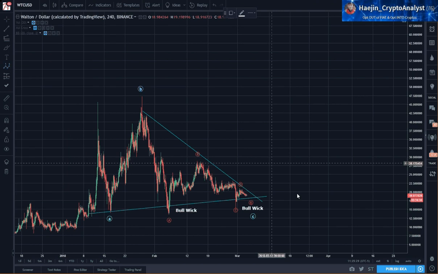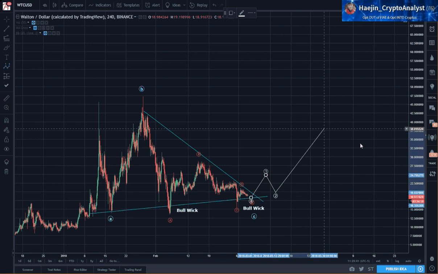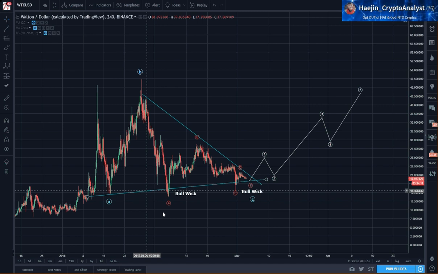Once E is complete, we can set the breakout at this degree. So that way 5 would provide a 43 target approximation.